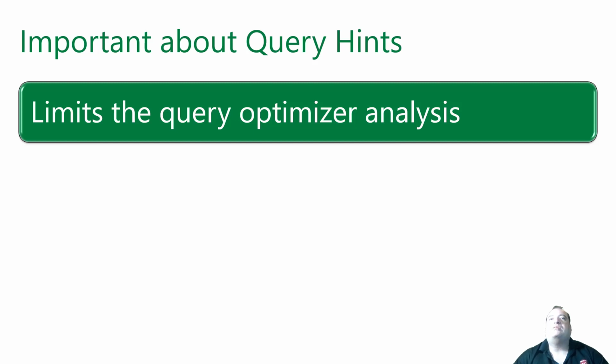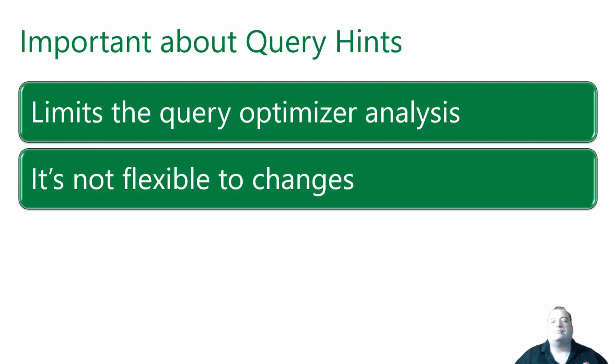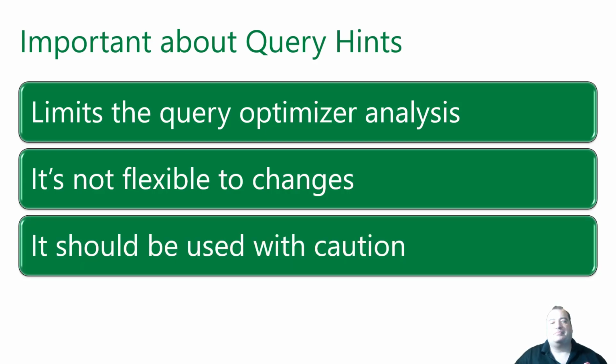What happens if the amount of data you have changes? What happens if the kind of data you have changes? The optimizer is limited by the hint to choose some specific behavior and cannot change. So it's not flexible to changes.